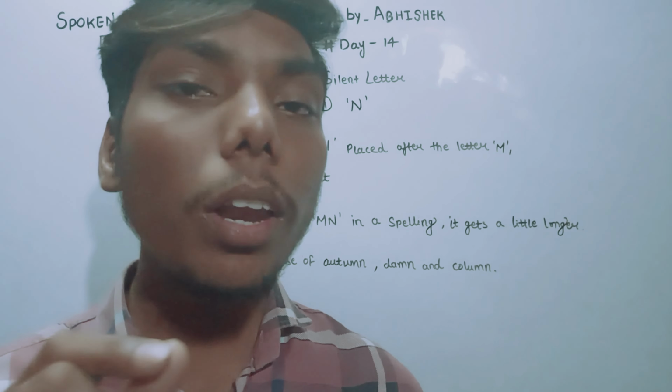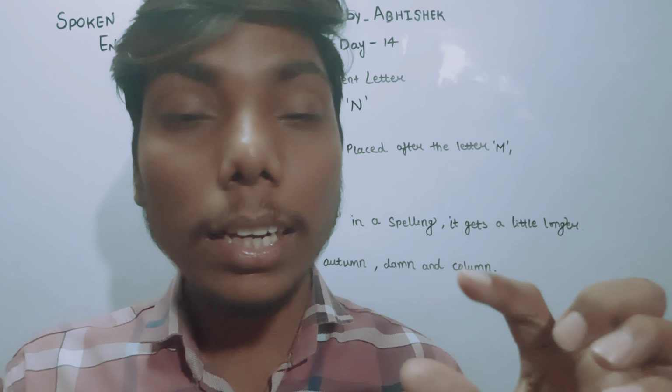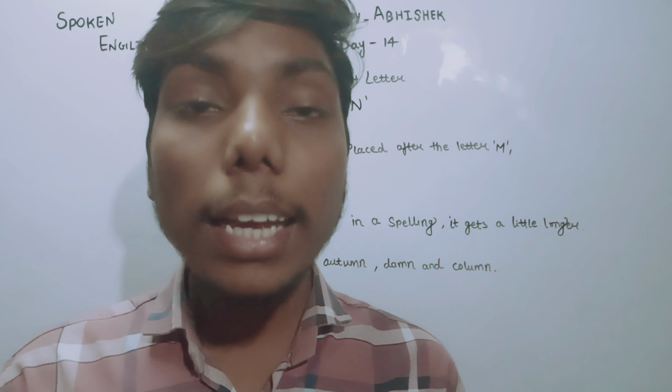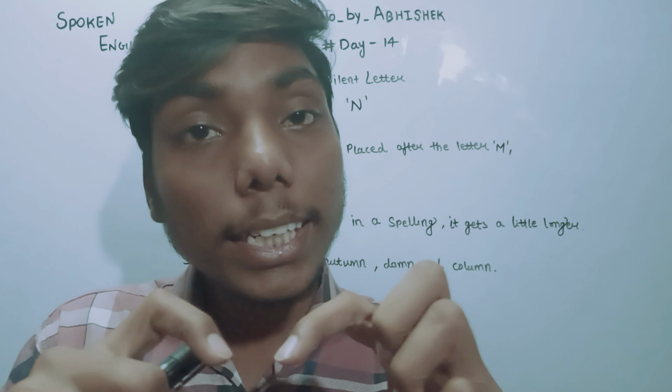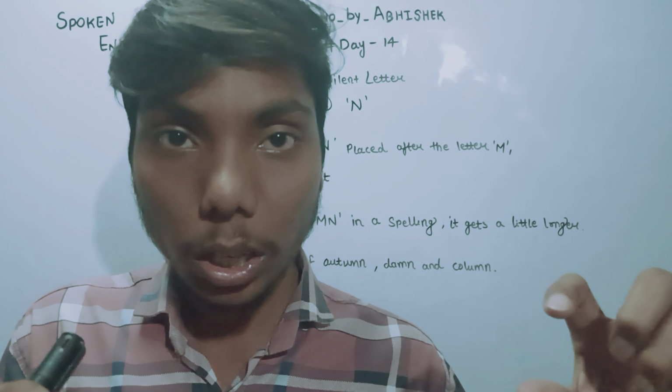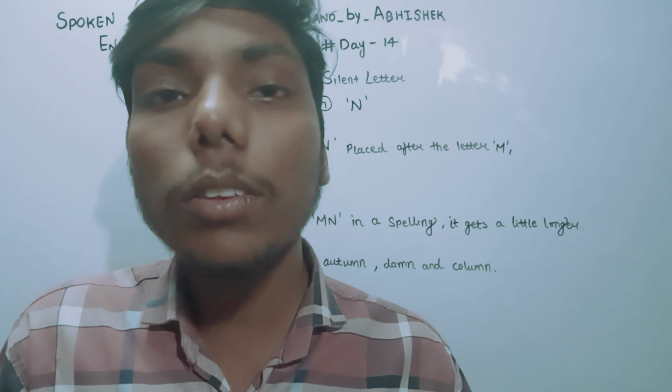It gets a little longer, so it will be silent, but it will help us in elongation. As I have taken the word sign, in that the G we are not pronouncing, but G is helping us in stretching the word sign. Otherwise why are we not pronouncing it like sin? Definitely we should, but we are not.